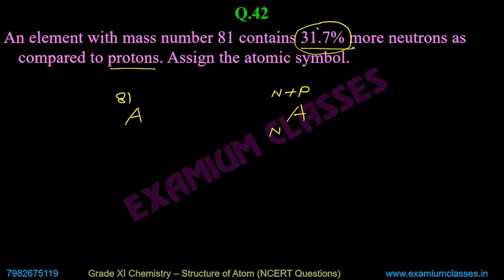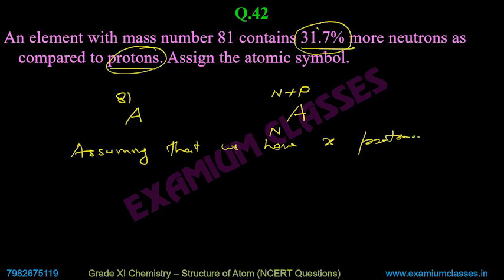31.7% more neutrons as compared to protons means protons you have to assume. You will say, assuming that we have X protons, then the number of neutrons will be protons plus 31.7 divided by 100 of protons.